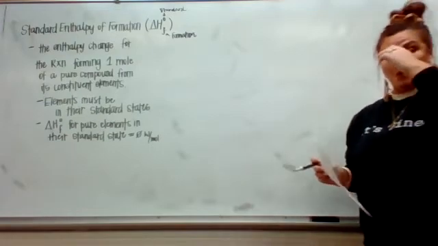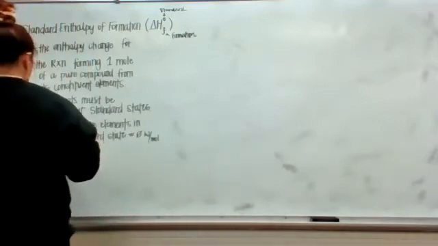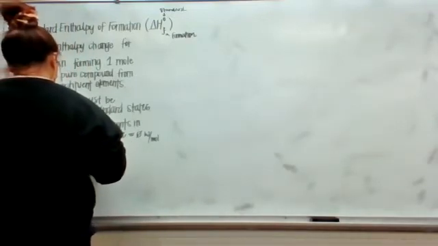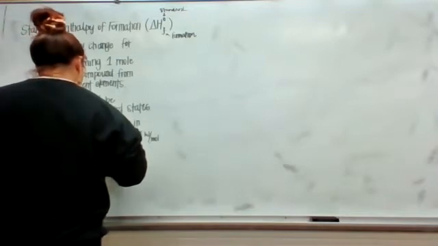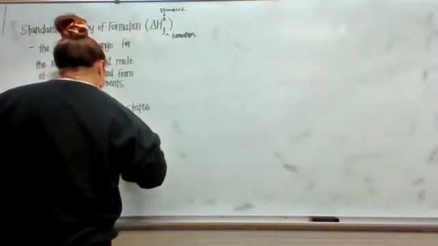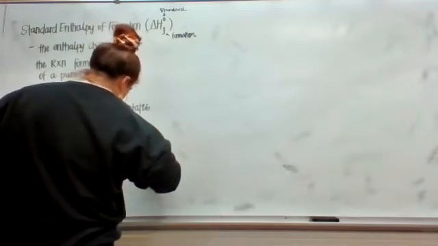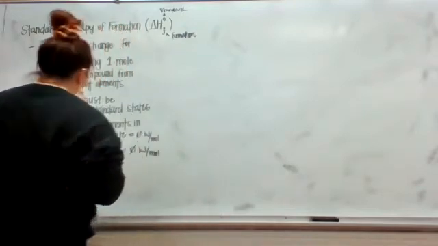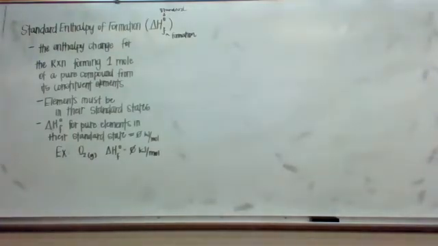For example, you'll notice that when we're talking about enthalpy, it's often more convenient to use a kilojoule instead of a joule because it's usually a larger number. So for O2 in its standard state, which is a gas, the enthalpy of formation is just 0 kilojoules per 1 mole.